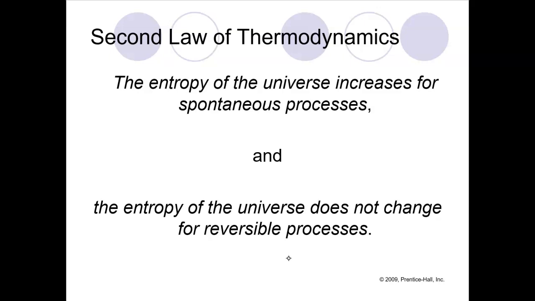So what this says is the entropy of the universe, the delta S of the universe, increases for a spontaneous process. Now, real quick, the last video we had some vocab, spontaneous and non-spontaneous, reversible and irreversible. Spontaneous is always equal to either reversible or irreversible. So try to think for a second if you can remember which one you think that is.